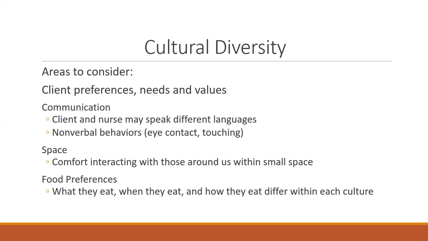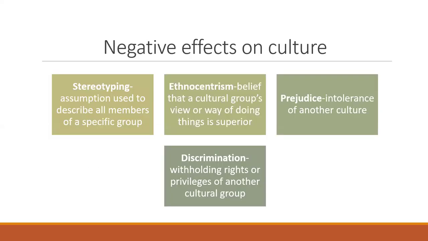We want to include the client's preferences and ensure, like I said, that it's not causing them any harm. We want to include that in their care. Negative effects on culture: we want to be careful with stereotyping, prejudice, discrimination, and ethnocentrism.